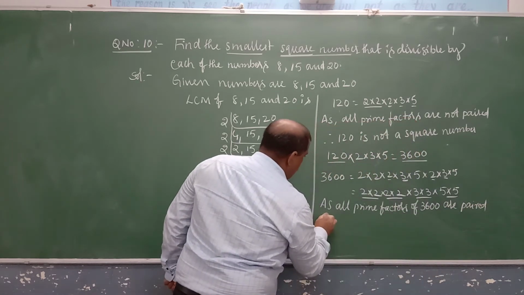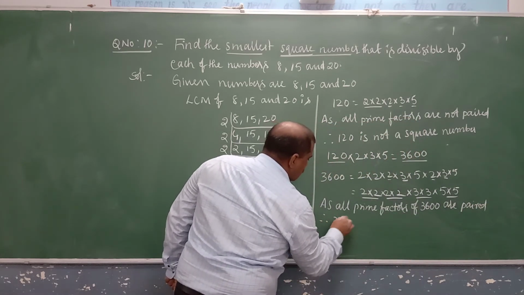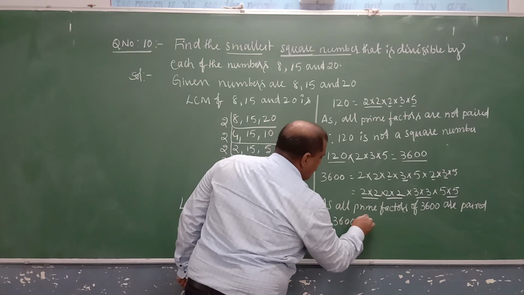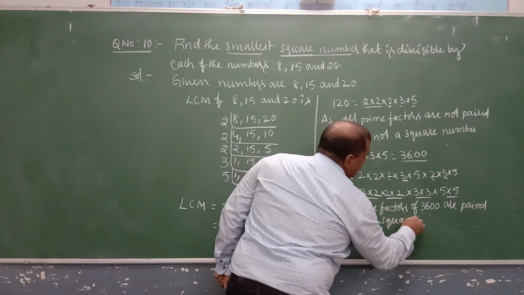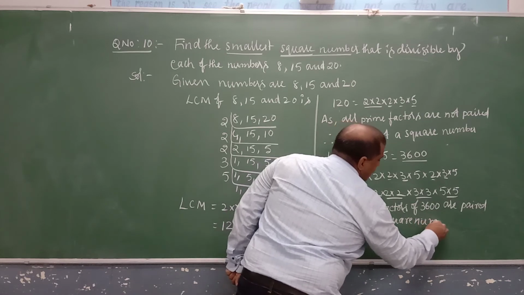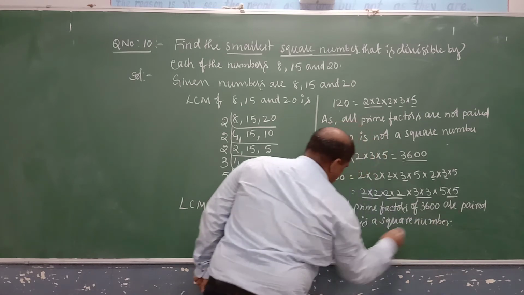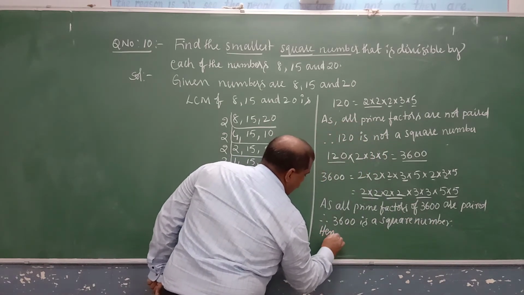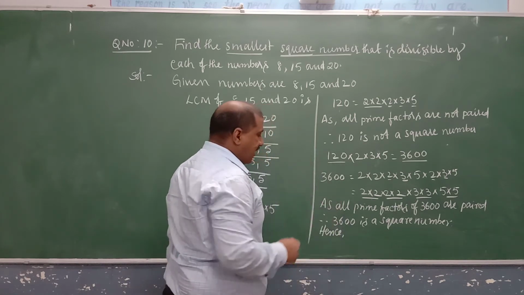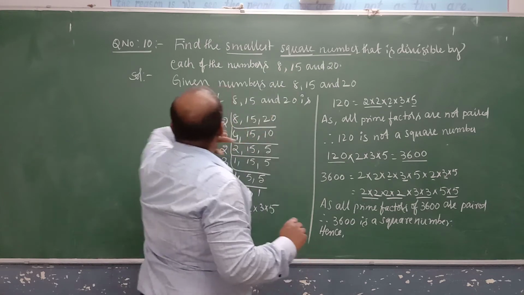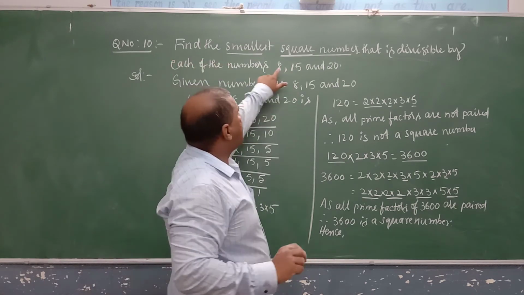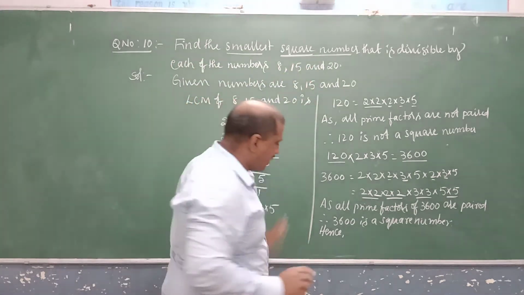Therefore 3600 is a square number. Hence 3600 is the smallest square number which is divisible by each number 8, 15 and 20.